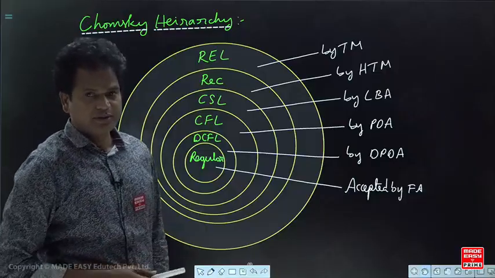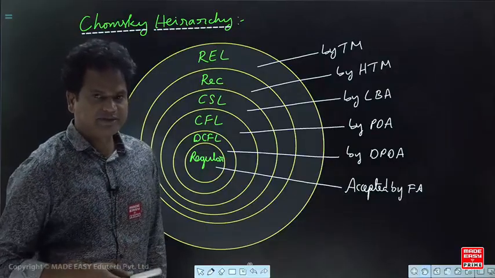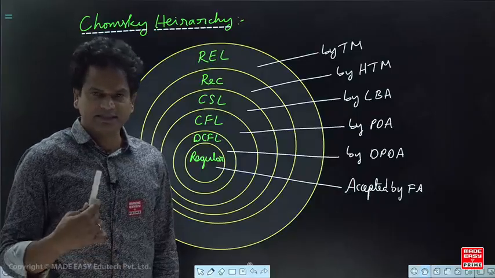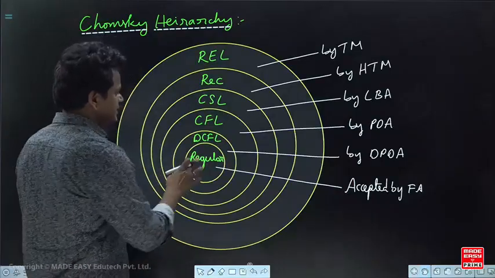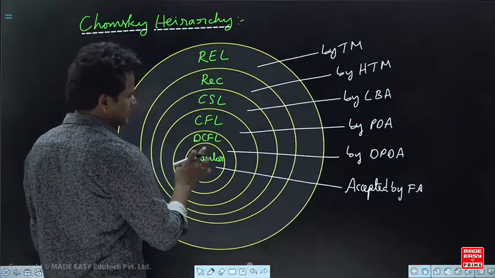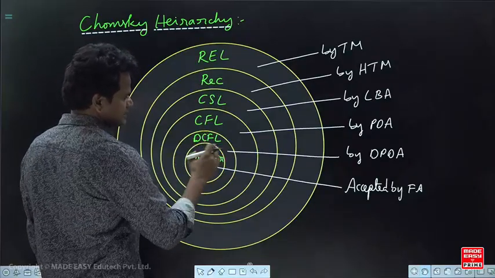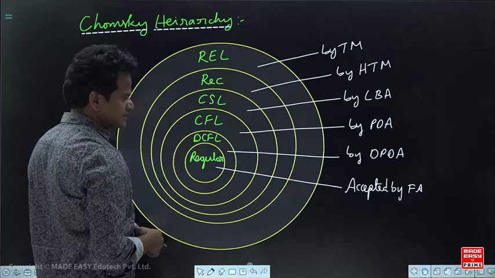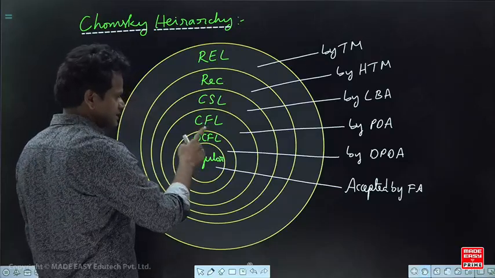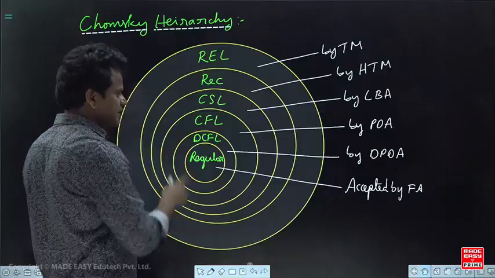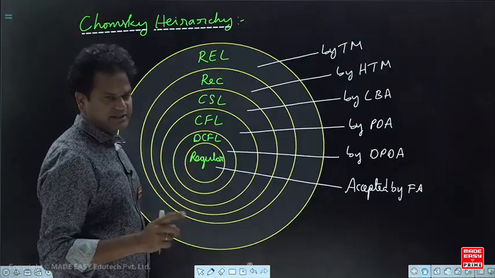I told you every language class is closed under union, intersection, and set difference with regular. Regular intersection DCFL, regular union DCFL, regular minus DCFL, or DCFL minus regular, is always DCFL.